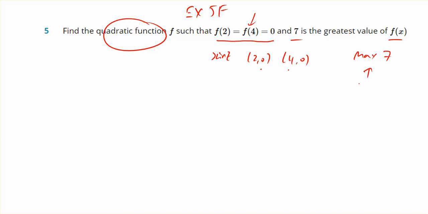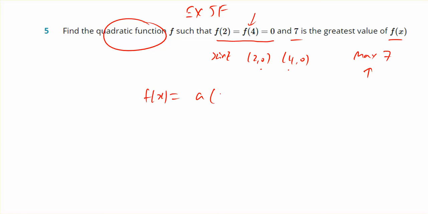Okay, so how can I process this? Well, why can't I write a model which I can use? So for example, since we have two x-intercepts, wouldn't it make sense to choose a model which incorporates x-intercepts?